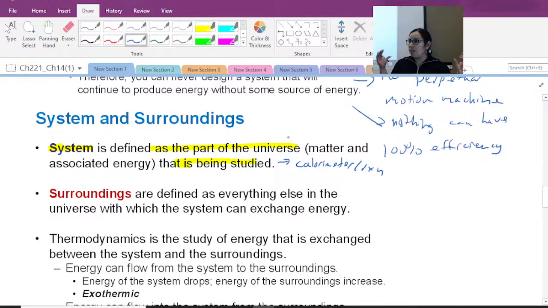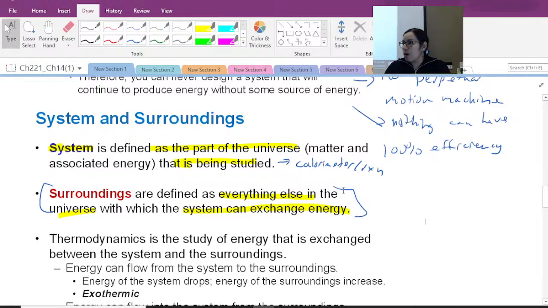So we were studying our system, and we can lose or gain energy from our surroundings. Our surroundings is everything else in the universe that can, of course, exchange energy with our system.